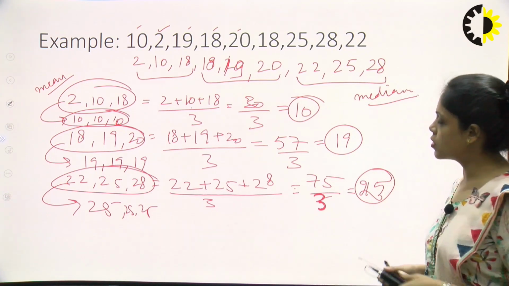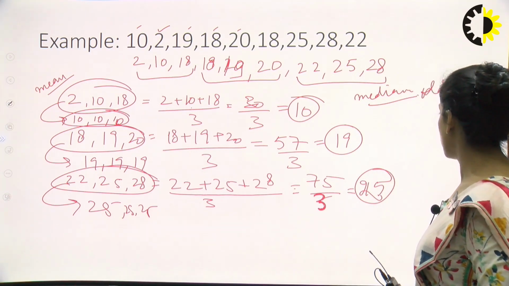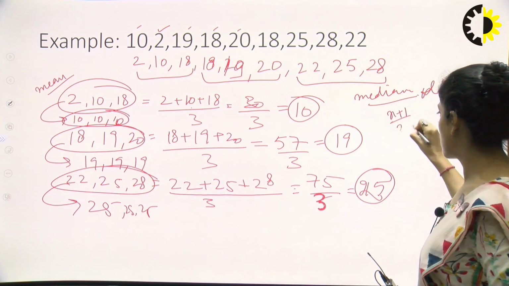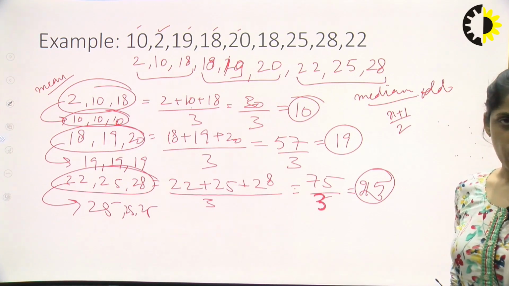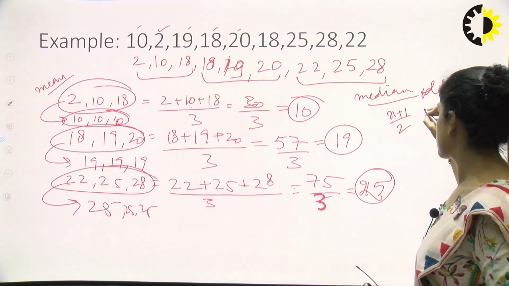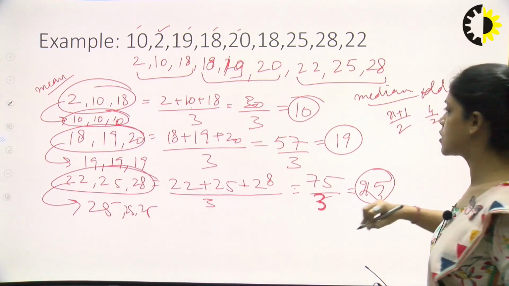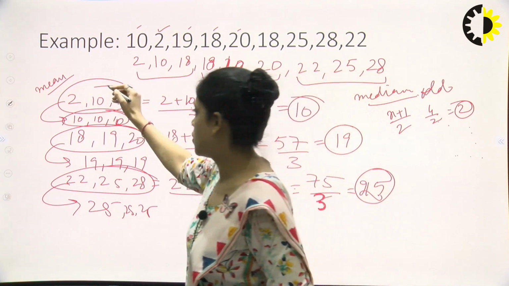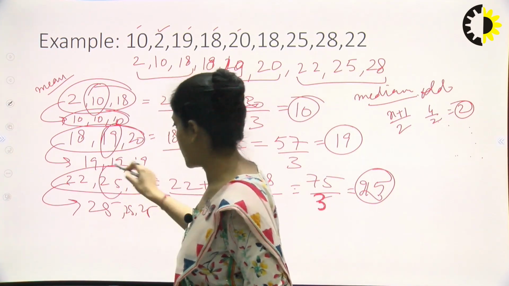So here the number of terms is 3, that is odd. For an odd number of values, we are going to perform n plus 1 by 2. 3 plus 1 by 2, that is 4 by 2 equals 2. That is the second term. So the second terms will be 10, 19 and 25.